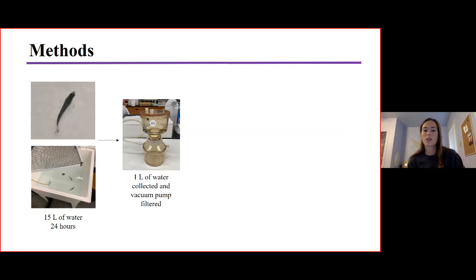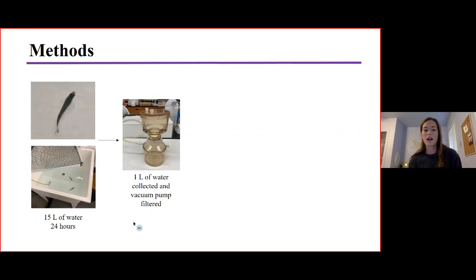So as you can see here, water is poured into the top of this apparatus. And then that nitrocellulose filter paper that I was talking about earlier is seated in the middle. And there's a vacuum pump hose that's attached to the bottom, which allows for all of the larger particles to be captured on top of the membrane, and any smaller particles will be filtered through so that filter paper is just saturated with all of the DNA that you're looking for in your experiment.